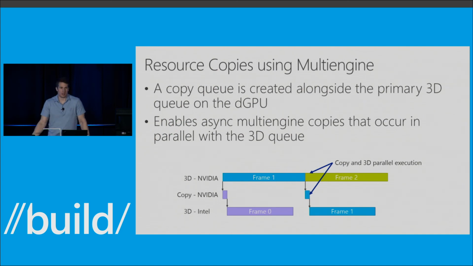What it looks like in a frame timing diagram of synchronization is this, where you can look at frame 1, you'll see the 3D rendering in the demo taking the bulk of time. There's a synchronization primitive to move from the 3D engine to the copy engine on the discrete GPU. That copy is a relatively quick step.